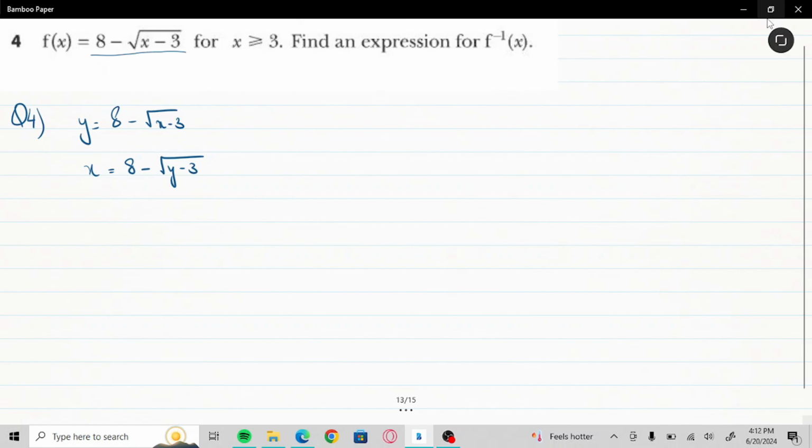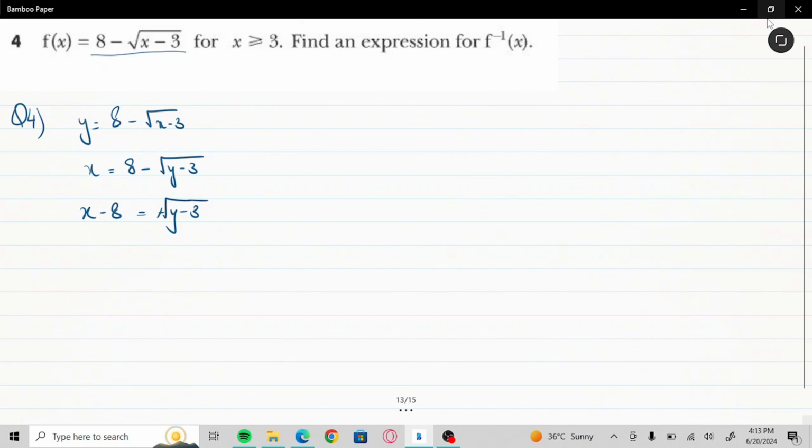Next, we are going to say that x minus 8 is equal to minus under root y minus 3. And in order to simplify it, we are going to take this negative sign and put it here.